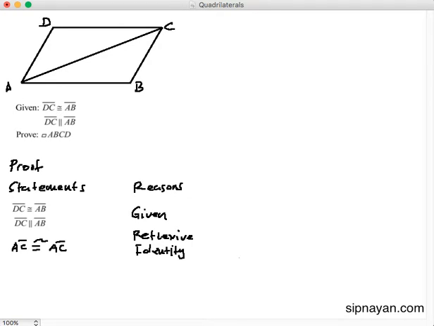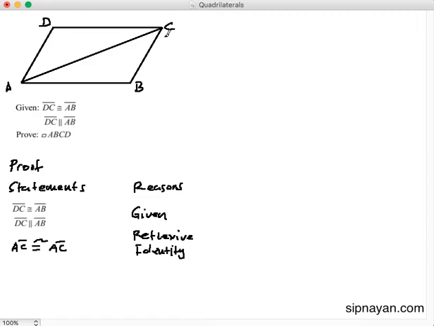Alam natin na parallel tong dalawang to, di ba? Alam natin that DC is parallel to AB from the given. Now, pag in-extend natin yan, tapos gumawa tayo ng diagonal dito, pwede natin gawing transversal yan. At sabi natin, if two lines are parallel, cut by a transversal, ano nangyayari?